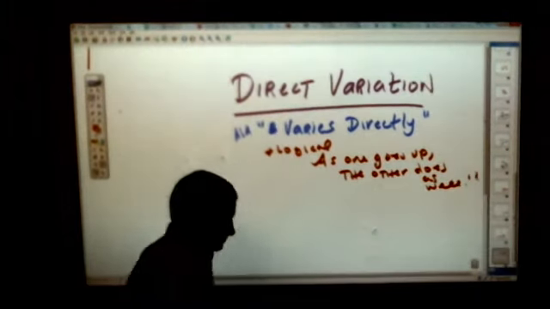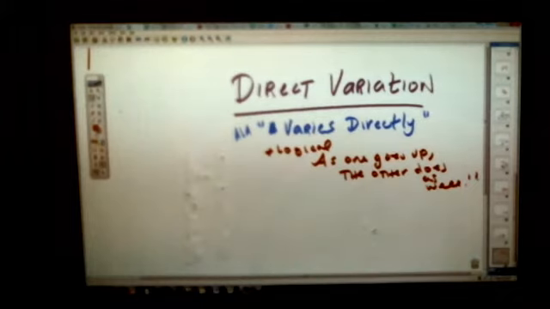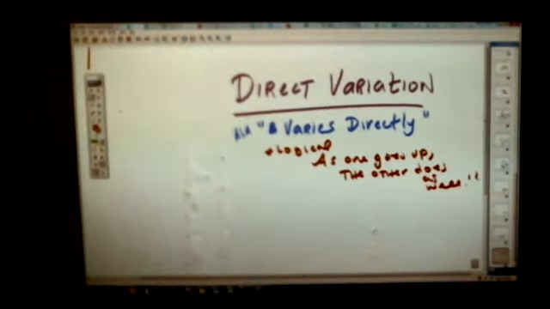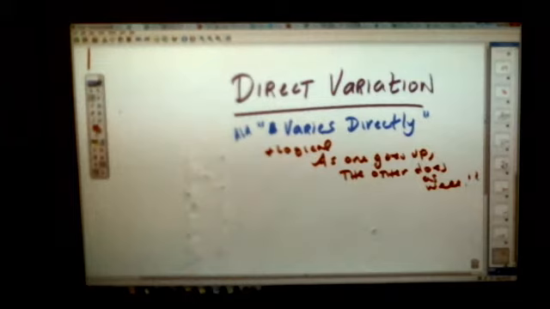For example, direct variation would be this. If you were driving in your car and you used 5 gallons to go 100 miles, if you went 300 miles, would the amount of gas you use be more than 5 gallons, or less than? Depends. No, it wouldn't depend.